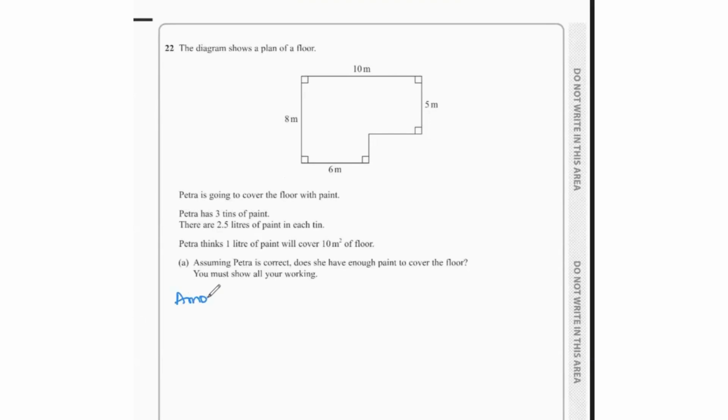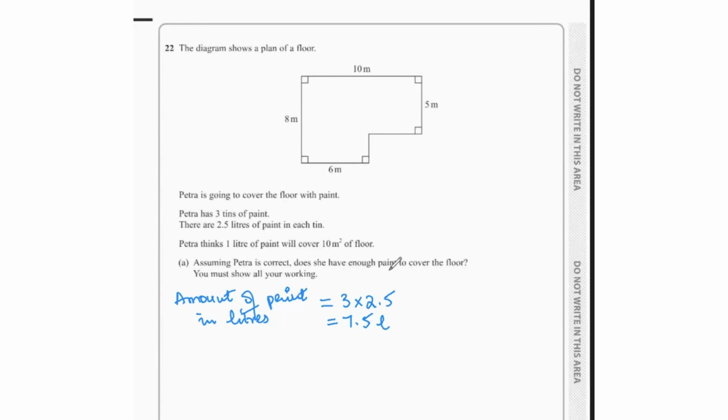Amount of paint in liters. That's 3 times 2.5, which is equal to 7.5 liters.